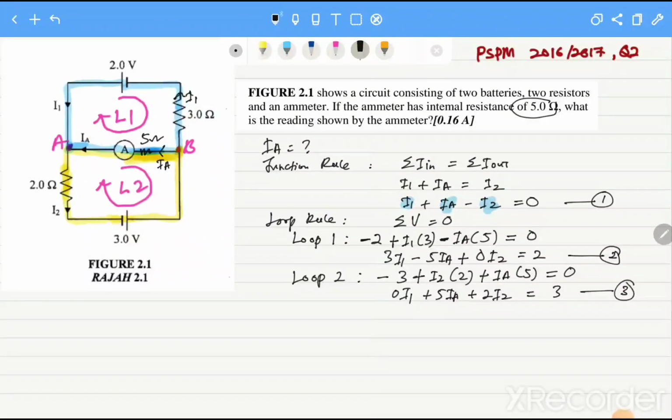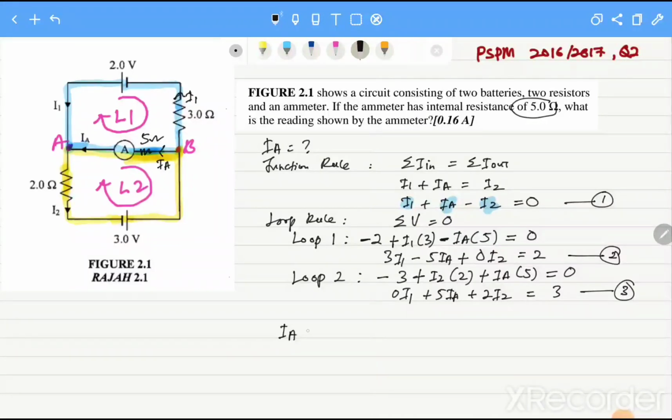So we already have 3 equations. You plug in all the values in the calculator using the mode equation.